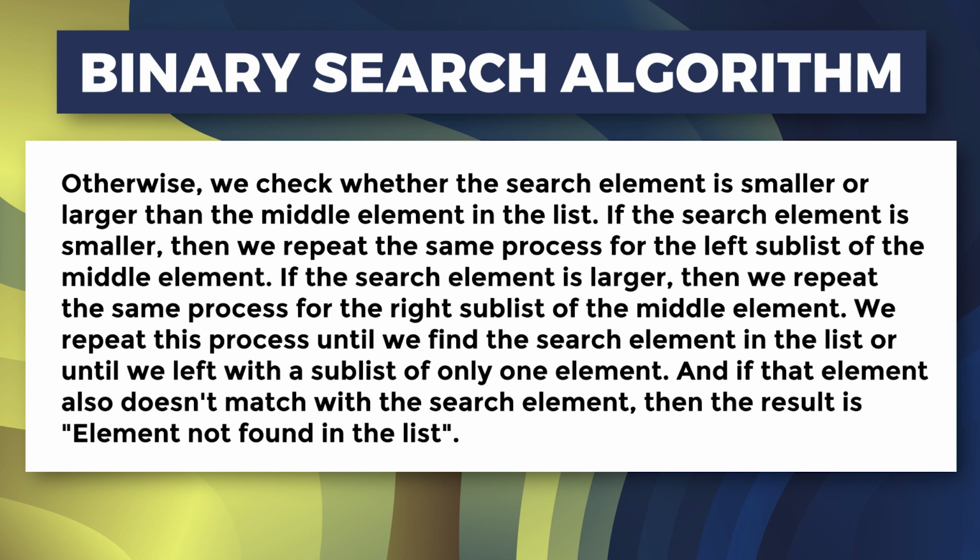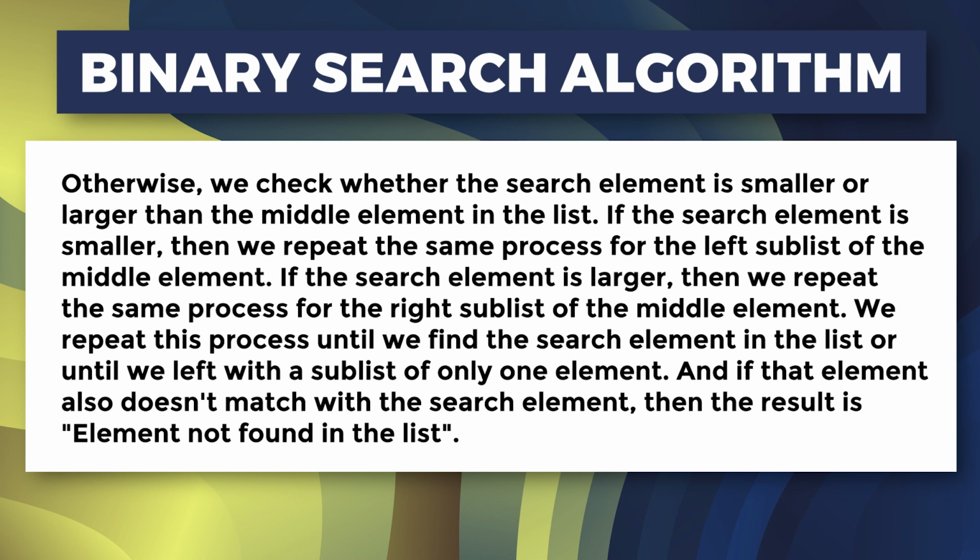If the search element is smaller, then we repeat the same process for the left sublist of the middle element, or we can say the below sublist of the middle element. If the search element is larger, then we repeat the same process for the right sublist of the middle element, or we can say the upper sublist of the middle element.